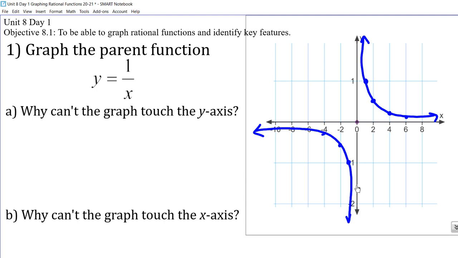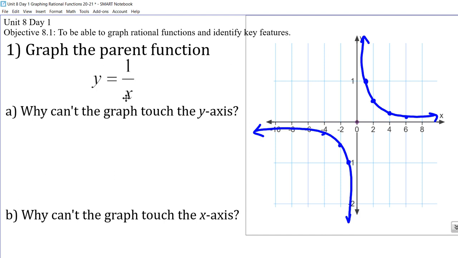So if it's not going to touch the y-axis, what else do we know about this function? Well, we know we're not going to have any y-intercepts. Now, we also see that our graph is not touching the x-axis. Well, why is that happening? Notice how x is in the denominator. So any number that I pick for an input is going to be going in the denominator of that function, which means it's going to be getting smaller and smaller and smaller as that value gets larger.